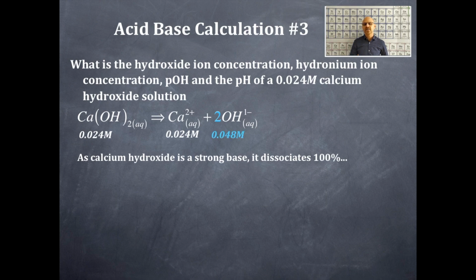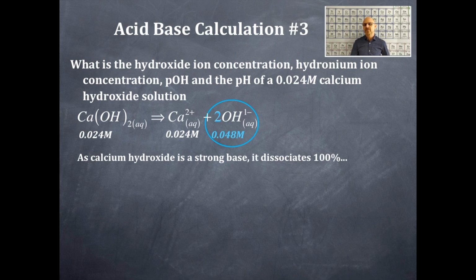That's why I get 0.048 molar for the hydroxide ion concentration. So what is the hydroxide ion concentration? It is right there. I know this because this is a strong base and it dissociates 100%, but I'm using the stoichiometry to come up with this value.